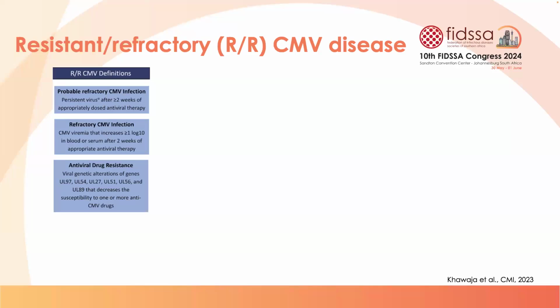And then drug resistance, which may be a cause of this, really can only be detected by detecting the actual mutations in the particular genes associated with antiviral drug resistance. So there are a bunch of different genes involved: UL97, UL54, and UL27 most frequently involved.